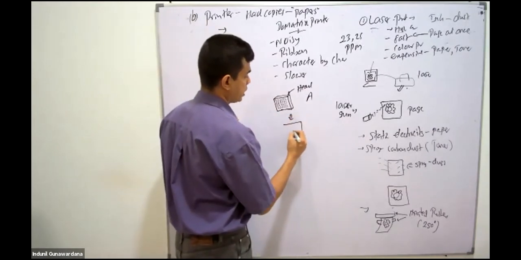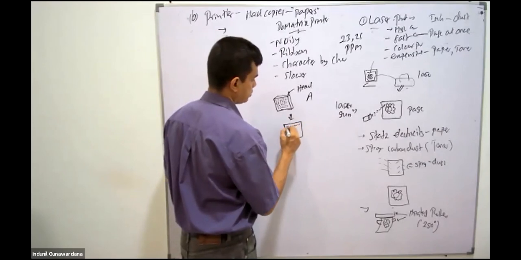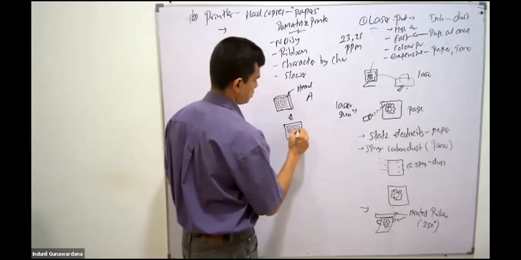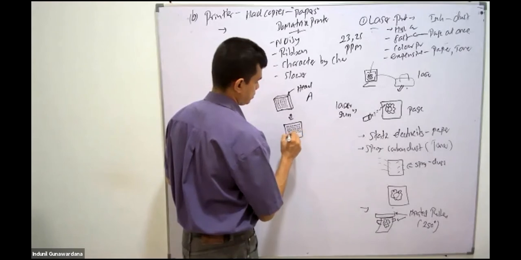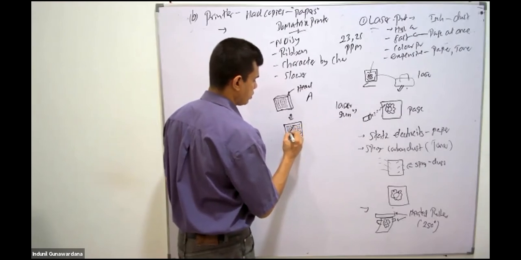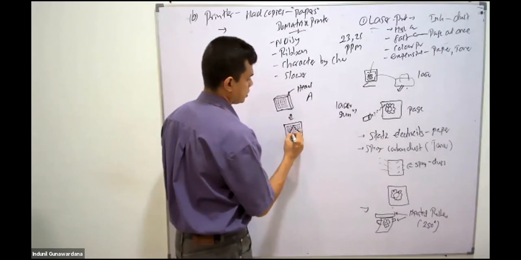These are the pins we have. Among these, the relevant pins which are responsible for the character A are coming out.